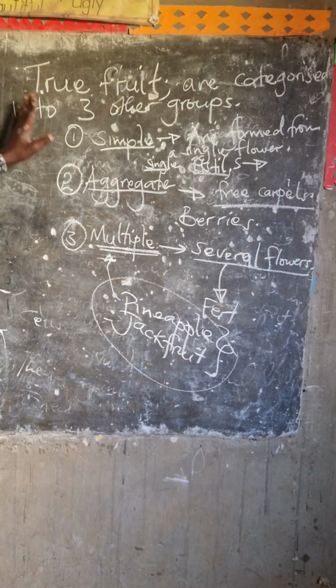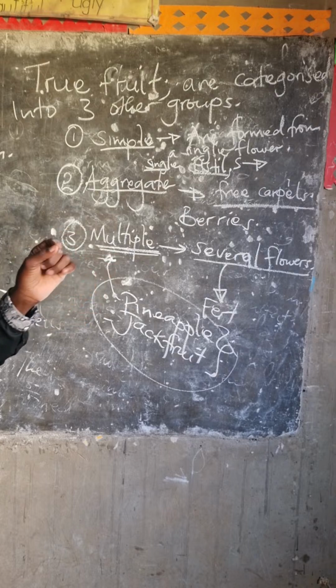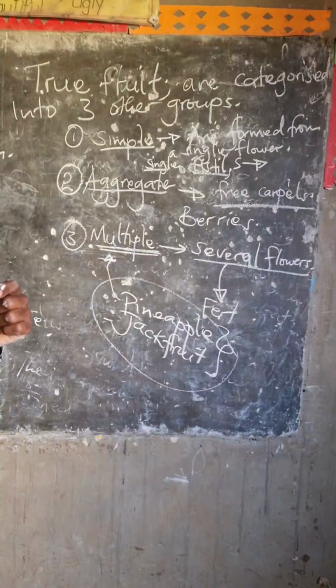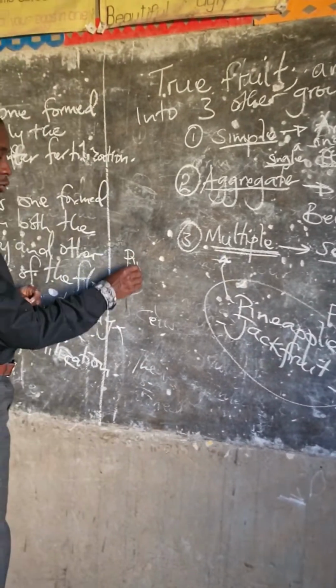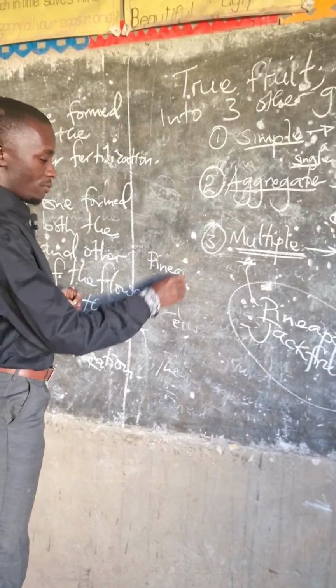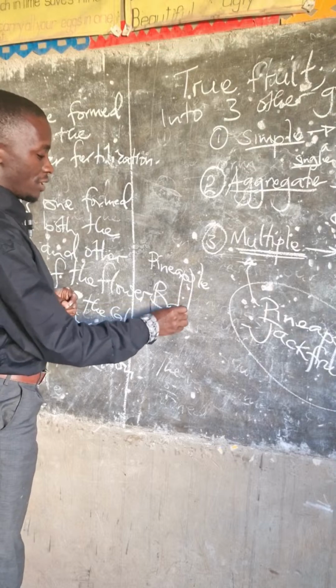Before we go into details of these fruits, I think you have your pens and books where you're noting. We have fruits that form without fertilization. We have an example of the pineapple fruit, and then the banana fruit.